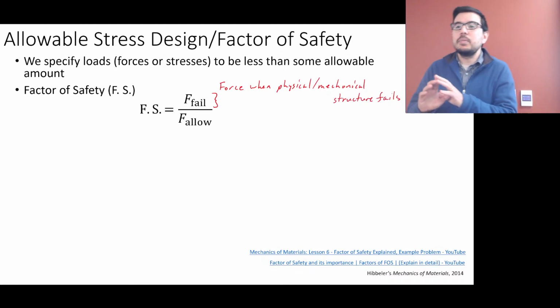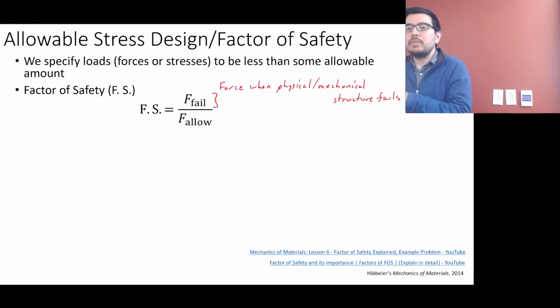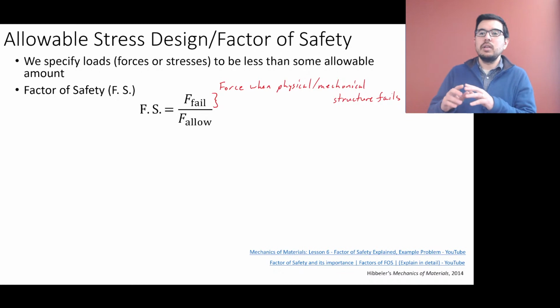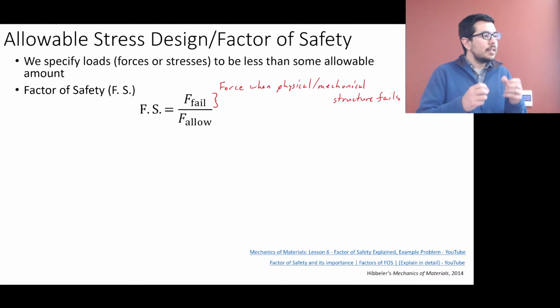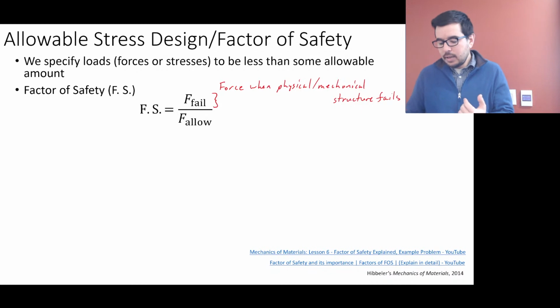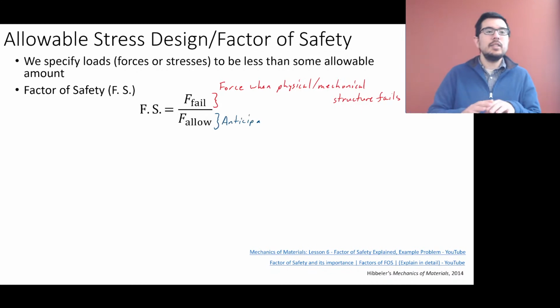Maybe I've done experimental testing, or a deep amount of analysis, and I know it's going to break with this load. So that's kind of the physical limit. And then I tell people, this is what you're allowed to put on the system.